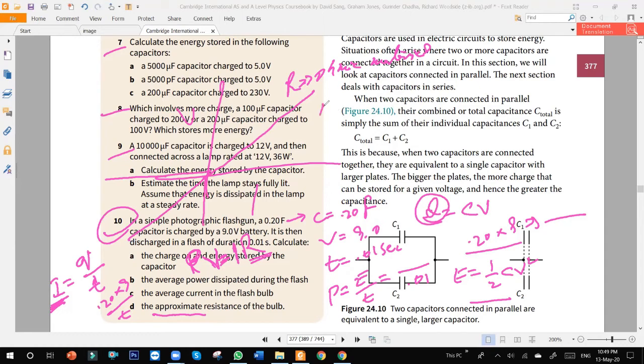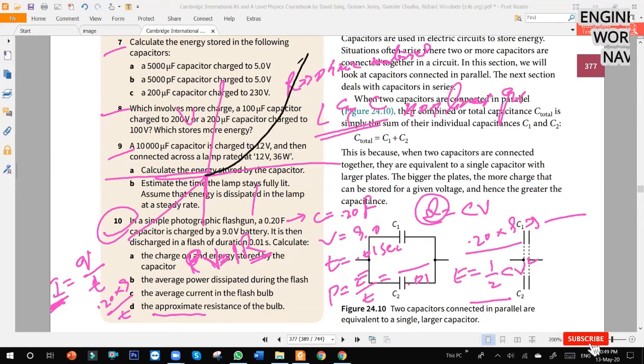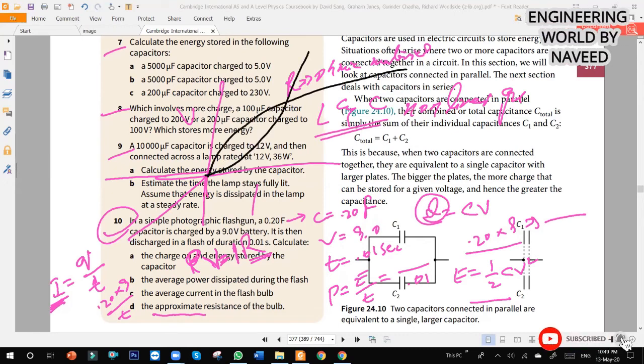So for an inductor and capacitor, which are storage elements, there is no dissipation. It means there is no release of energy in the form of heat, as in a resistor. So the graph will not be like this. It will be a non-linear graph. Non-linear graph means the graph will be like this, either this or this.